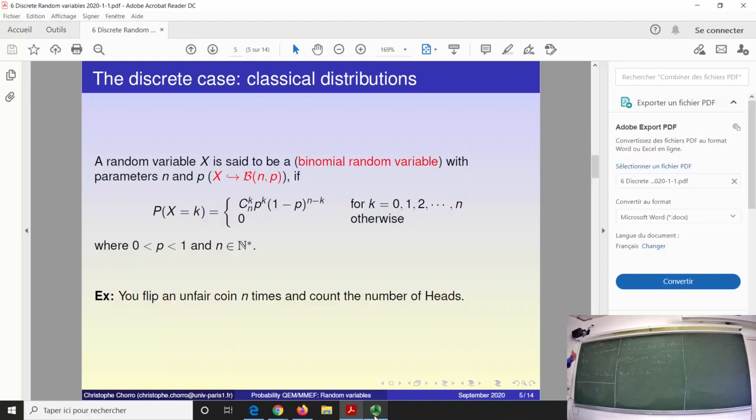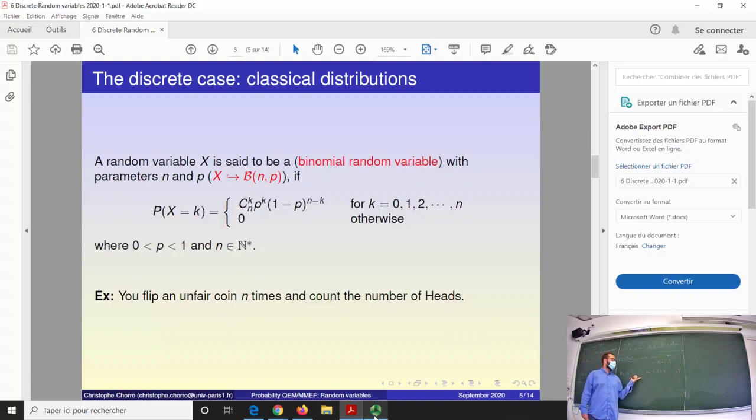The two extreme cases are the case where I obtain all 0, so I obtain 0, and all 1, that is n. So I belong to 0, 1, until n, which is exactly my set of definition in the case of the binomial. So let's see what happens.